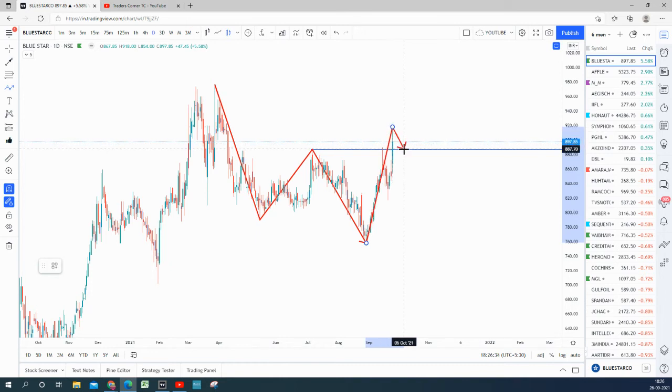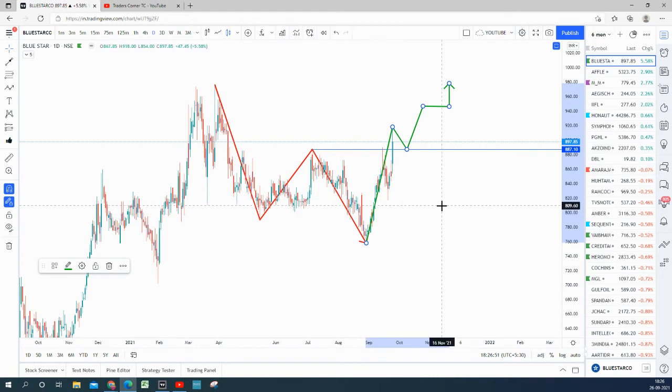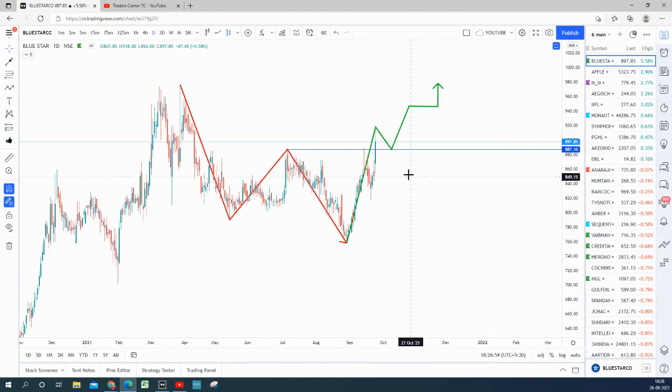So I will take an entry either here or here, and I'll wait for a target. The first target is this, and for the second target I'll wait for this and the breakout to happen on top. So this is my immediate entry available. You can watch this stock in the upcoming days whether it works or not.